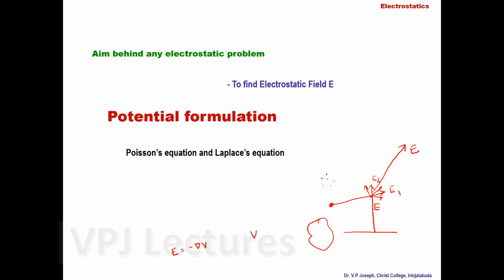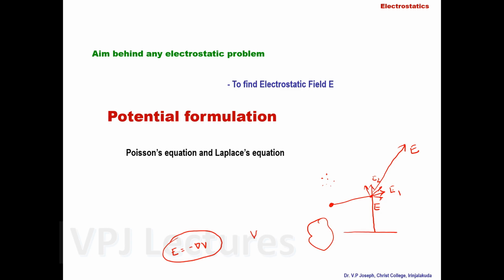Now, the potential formulation can also be extended to the Gauss flux theorem. In the Gauss flux theorem, we have del dot E is equal to rho by epsilon 0, which is an equation to find the electric field. In that equation, there is an electric field E, and if we replace E with minus del V, then we will get the potential form of Gauss flux theorem.